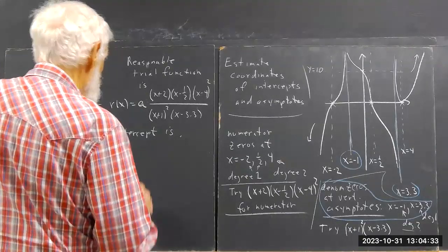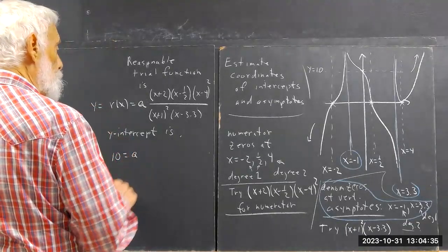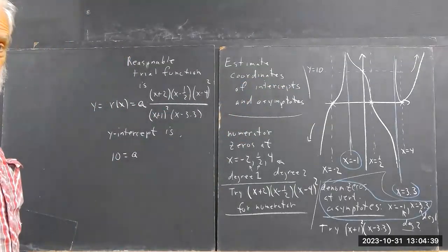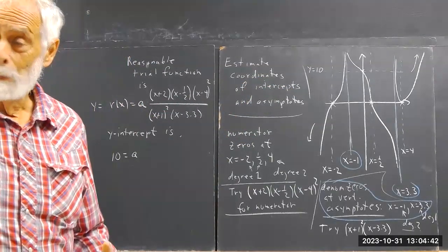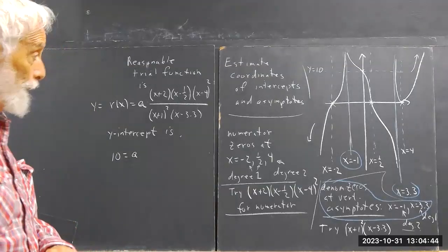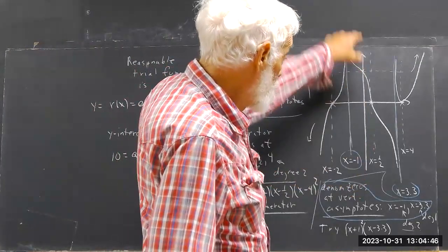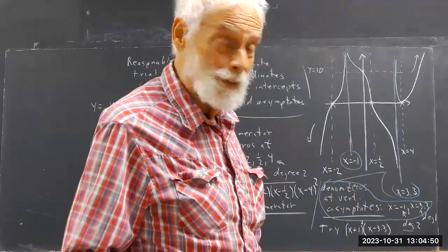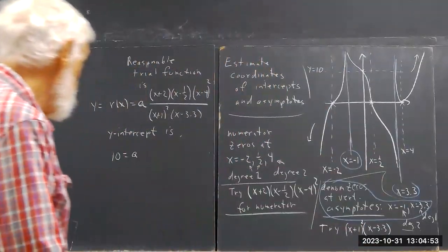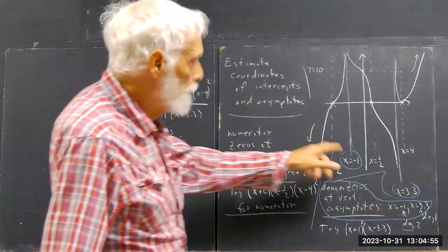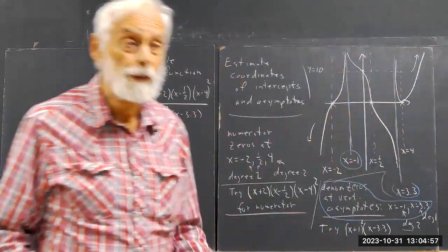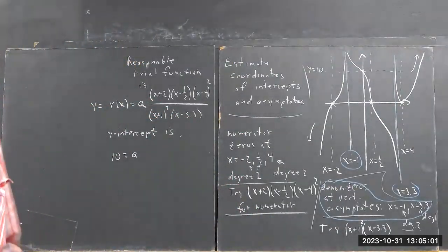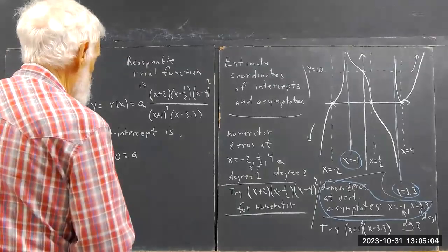Y equals 10, and that equals a, which we don't know yet, but we're going to be able to figure it out. And the y-intercept occurs when x equals 0. You really need to get that deep into your brain. You need to understand that x equals 0 everywhere on this line, just like x equals -1 everywhere on this vertical. That's why the equation is what it is. And when you write out the equations here, you're reinforcing your understanding of what an equation of a vertical line or horizontal line is.